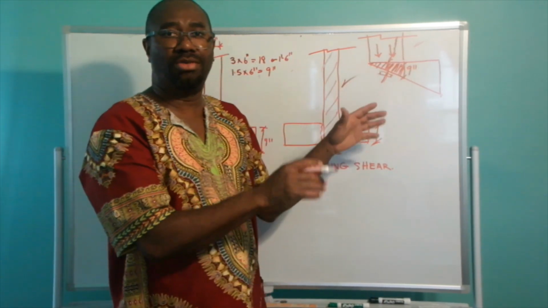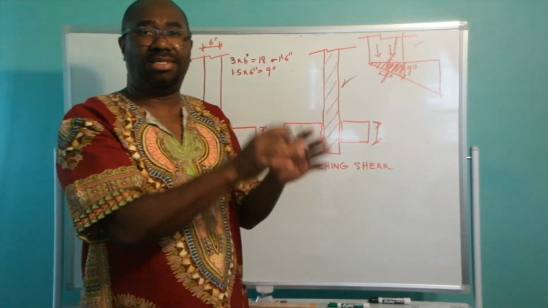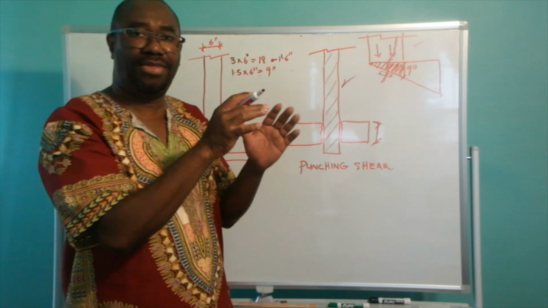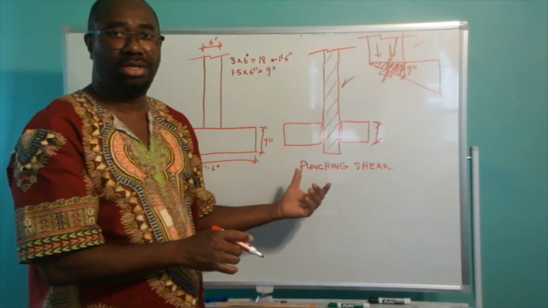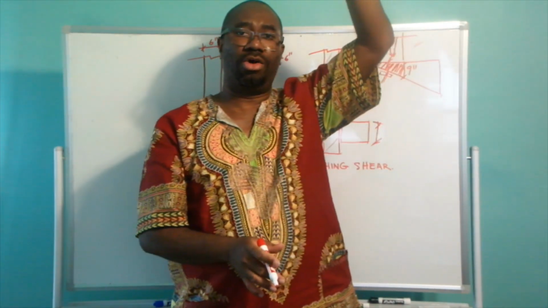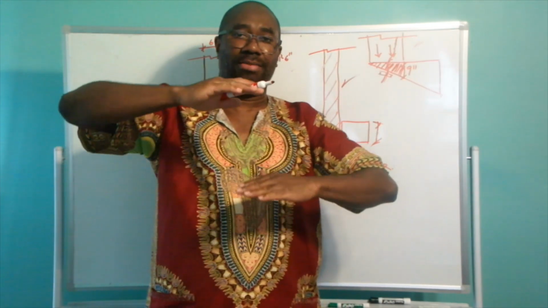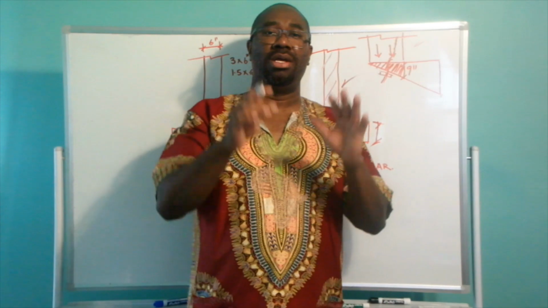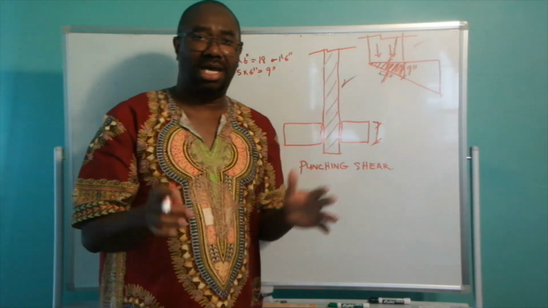You do not want to place your wall on concrete that is less than 9 inches thick, because you're going to end up with punching shear, and that is going to cause shear failure in your concrete, because your wall is going to move down while another part of your wall is going to remain stable, and that is what we call shear failure. So you must avoid that at all times.